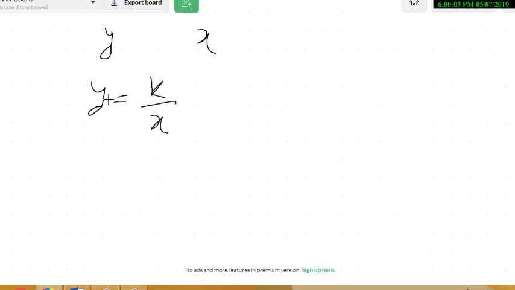So it is always one variable is in the denominator of the k. K is basically a number. For example, there is an equation y is equal to 3 over x square. So here y is inversely proportional to x square, and the k is 3 here.